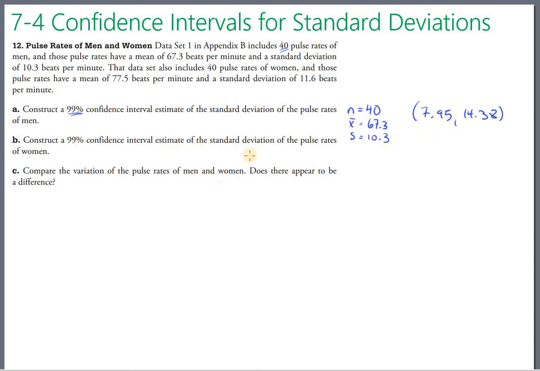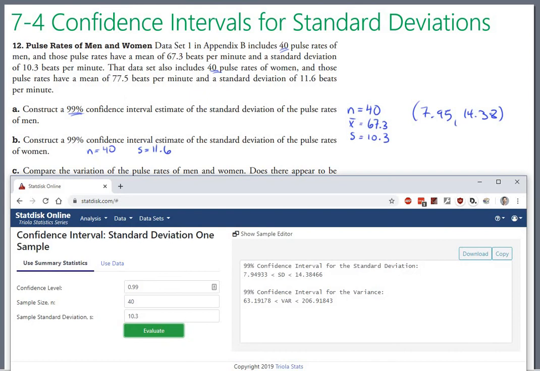We could do the same thing with women for part B. The only difference, let's see, is the sample size is still 40. And those pulse rates have a mean, which we now know we don't need, and a standard deviation of 11.6. So let's just StatDisk the same thing for women.